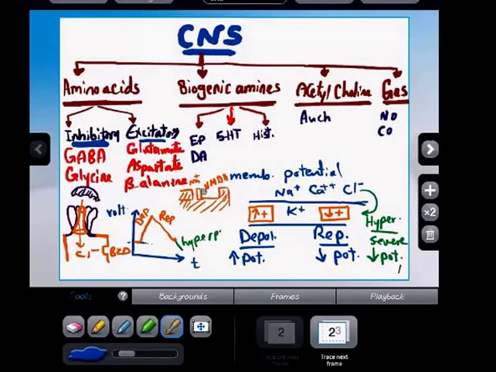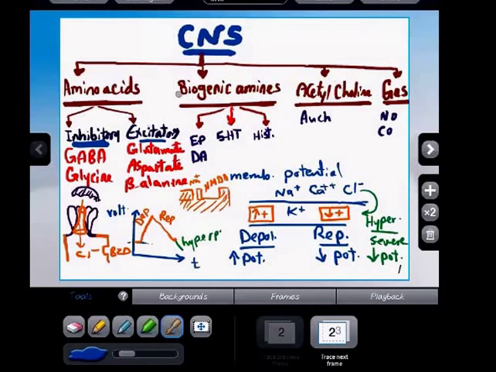When glutamate, aspartate, and beta-alanine bind to the N-methyl D-aspartate receptor, the sodium channel opens and sodium begins to influx, leading to depolarization, which is an excitatory effect in the brain, opposite to the GABA action. So it will lead to convulsion, insomnia, and anxiety, which is opposite to the GABA.